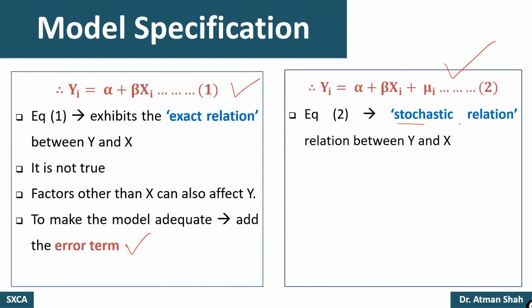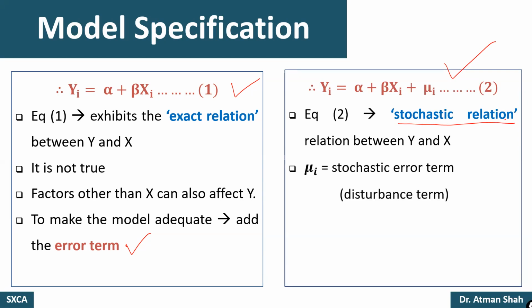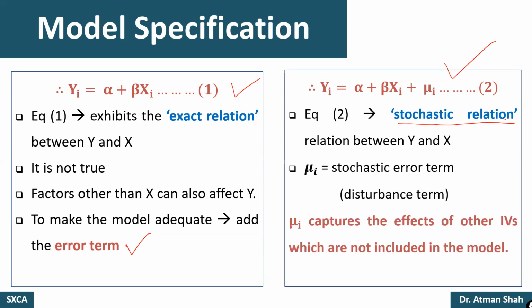Equation 2 is known as stochastic relation. Mu i is our stochastic error term or disturbance term. So error term captures the effects of other independent variables which are not included in the model, but they can influence yi. And now we minimize this error term to estimate the value of alpha and beta.